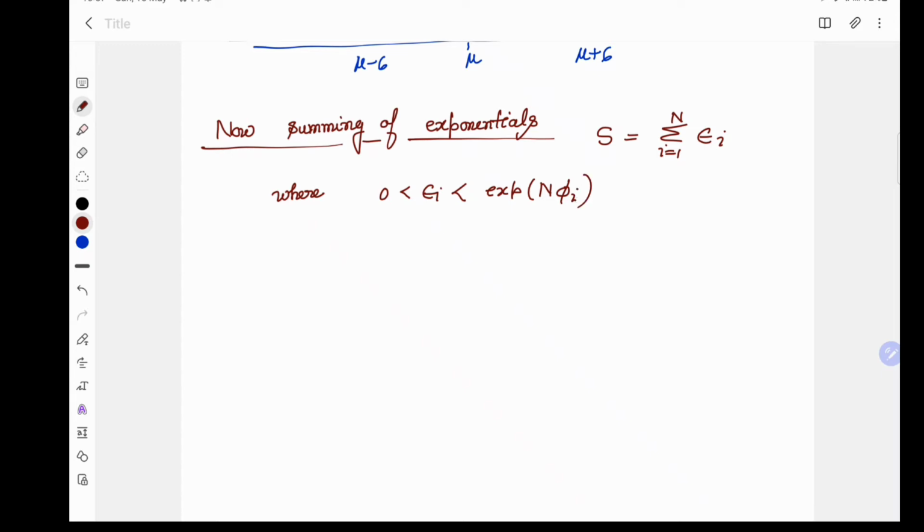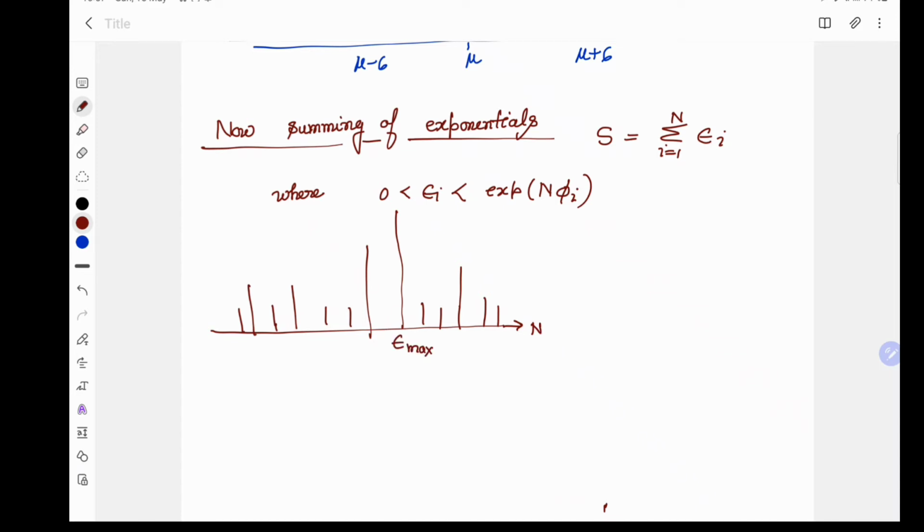Let's say phi i is the random variable. Now let us draw it. Let's say we have these epsilon. It can take different values, but it has a maxima at some point. So this is n, this is epsilon max.